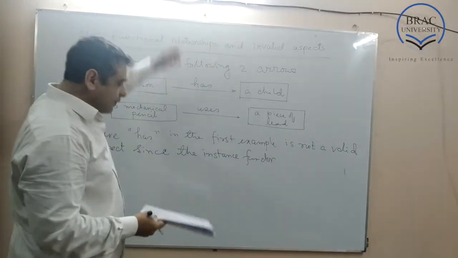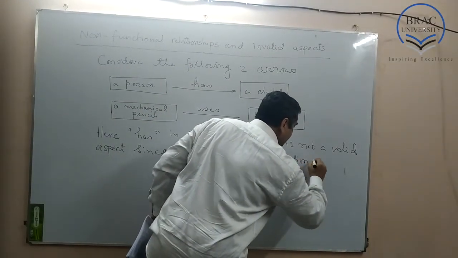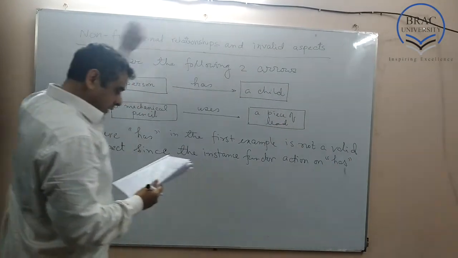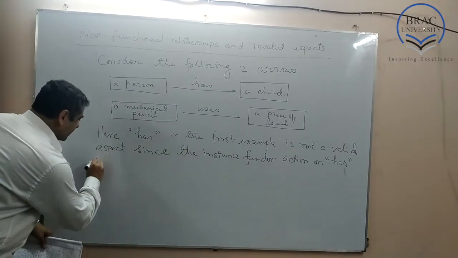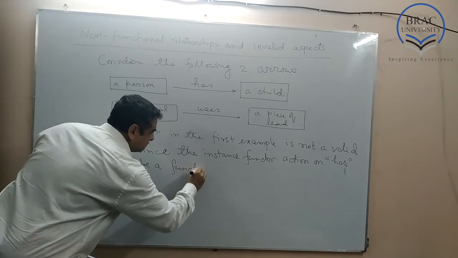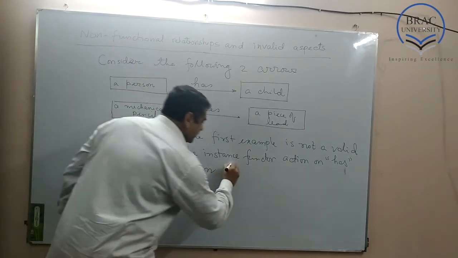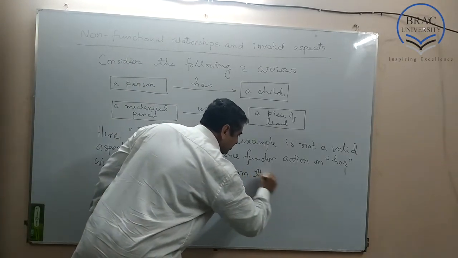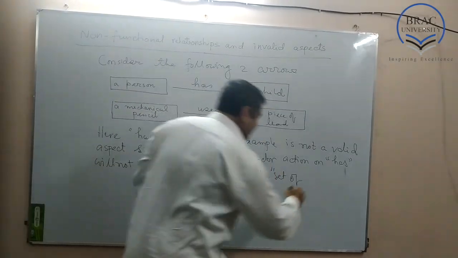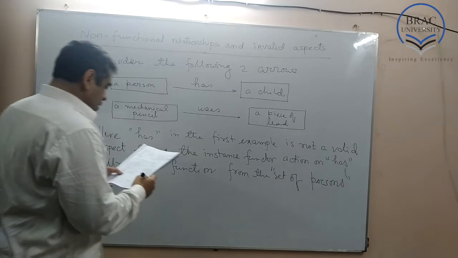So the instance functor, in this case, acting on the aspect has, will not be a function from the set of persons to the set of children.